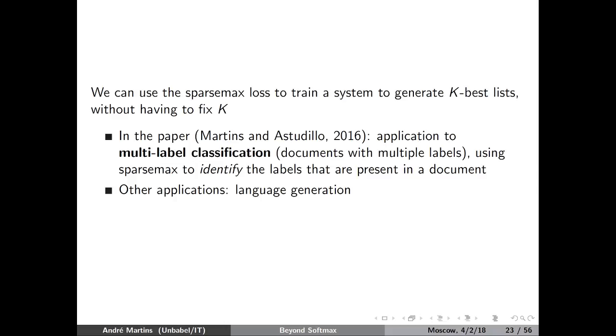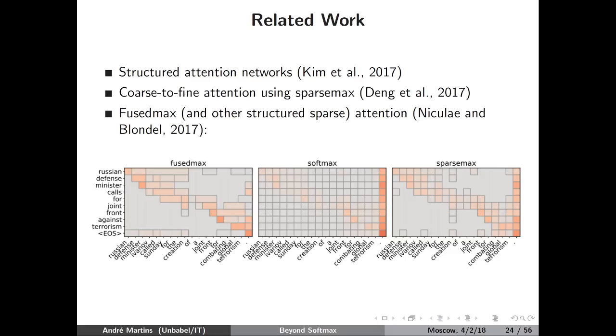There are other applications, like language generation, that we are currently looking at. There's also some related work related to Sparsemax. There's this thing called structured attention networks developed by the Harvard NLP group, which is another generalization of attention mechanisms.